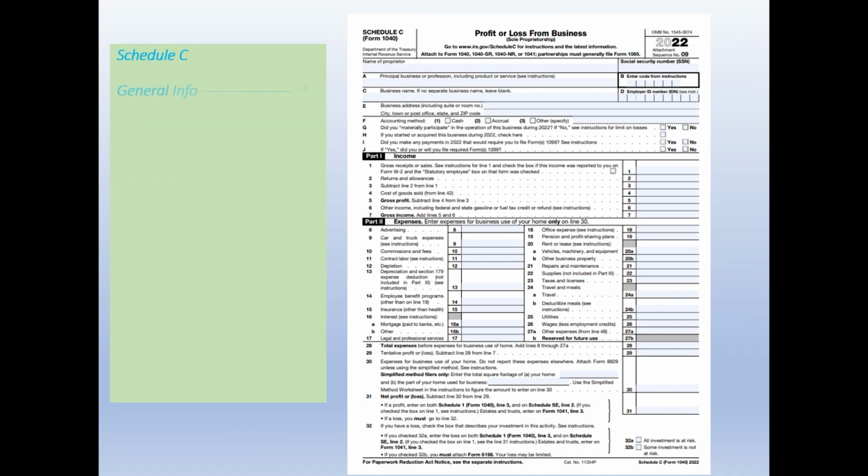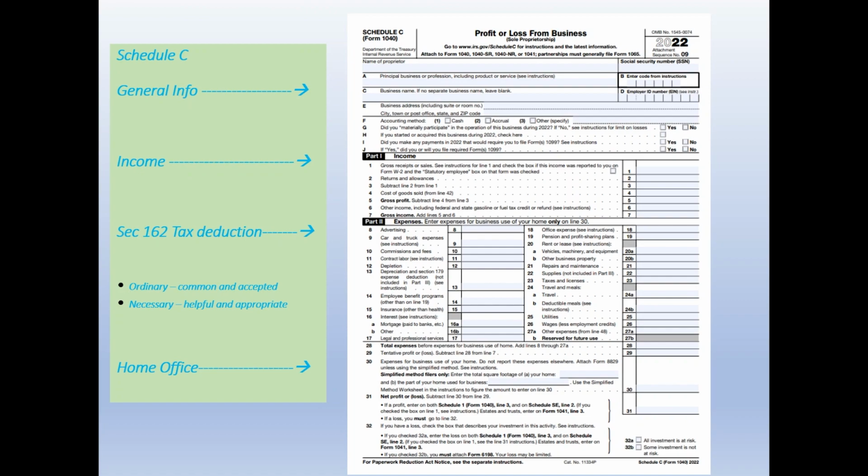Now, this is Schedule C. Schedule C basically consists of 2 pages. In the first section right here, you prepare the general information. On line A, you put in the principal business. On the first line right here, you put in the name of your business, or you put in your own name and your Social Security number. And on line C, if you have another business name, you put it in here.